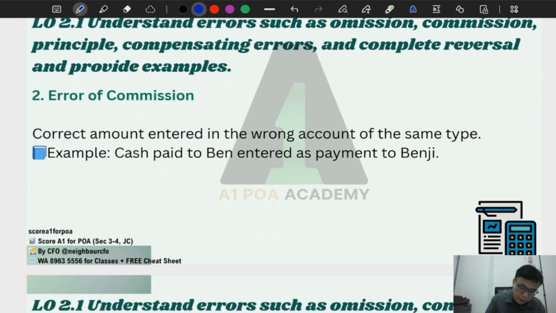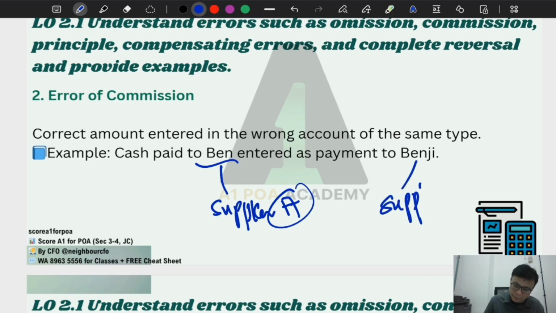Supplier A, his name is Ben, and supplier B, his name is Benji. You can see that both suppliers' names are very similar, but supplier B's name comes with 2 additional letters, which are J and I. So guess what will be the consequences? Let us analyze slowly.